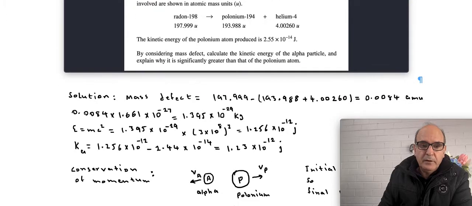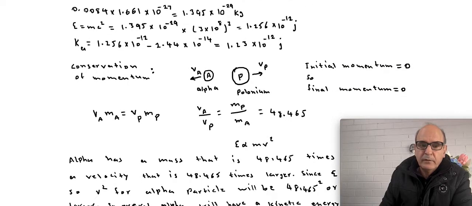In the next part, they are asking us to explain why it is significantly greater than that of the polonium atom. Why does the alpha particle, which has much less mass than polonium, still have a higher kinetic energy? To answer this question, we use the conservation of momentum.